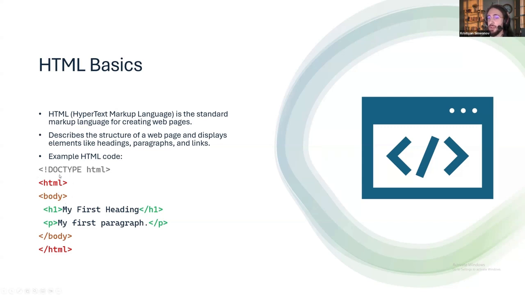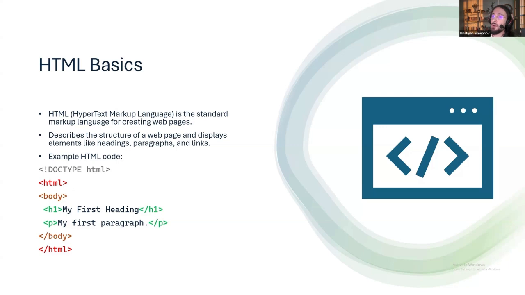Then you have the HTML element, which is the root element, similar to the TEI element that you have in your EpiDoc files. And then the body, which is another element you have in your EpiDoc files. So you're gonna see a pattern.